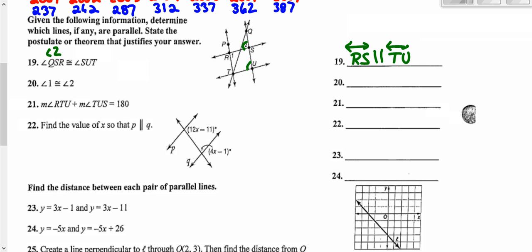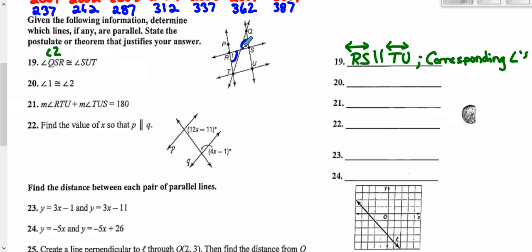And how do we know that? Those are corresponding angles. So we can just write that, corresponding angles. Angles 1 and 2, so let's go ahead and mark those. So here's the angle 2, here's angle 1.